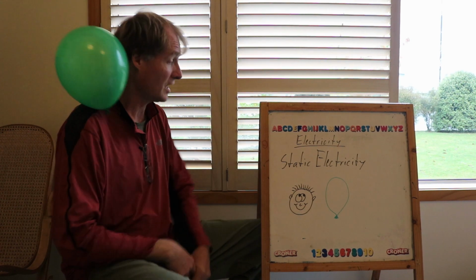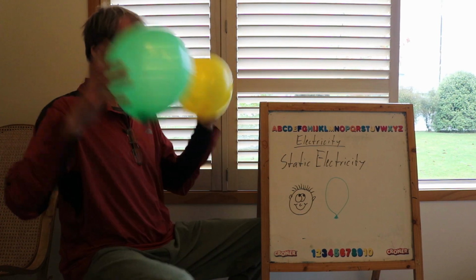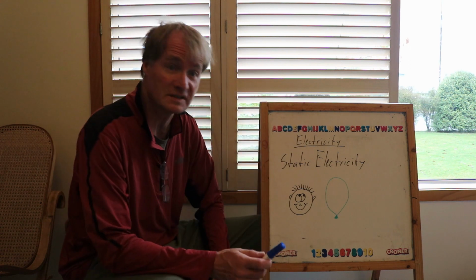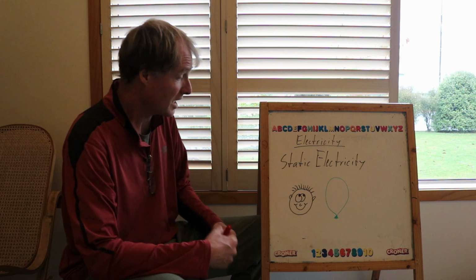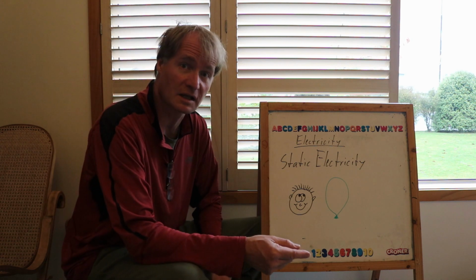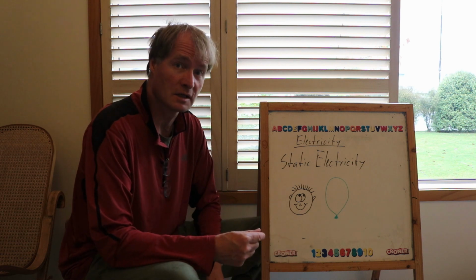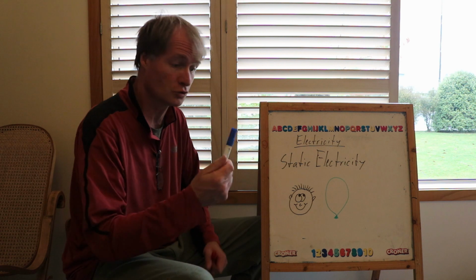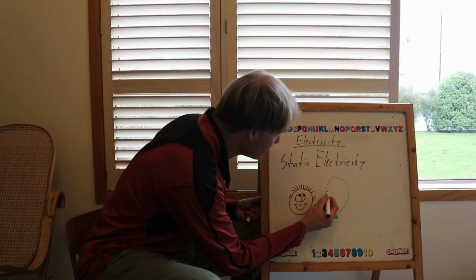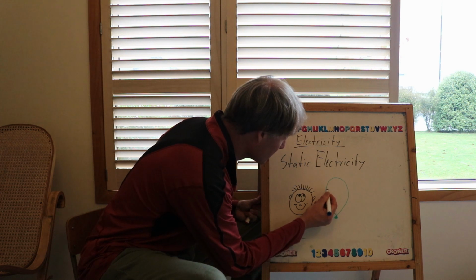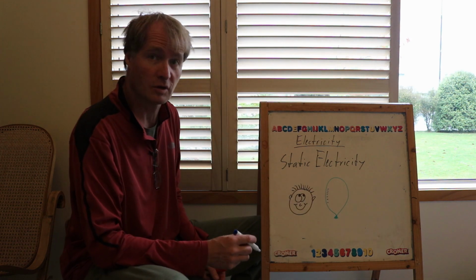Now, how does this work? Let's get rid of those for a moment. By rubbing the two insulators together, I will have transferred electrons from one insulator to another. Let's assume that the electrons jumped from my hair to the balloon. That means I got an excess of electrons on this side of the balloon.